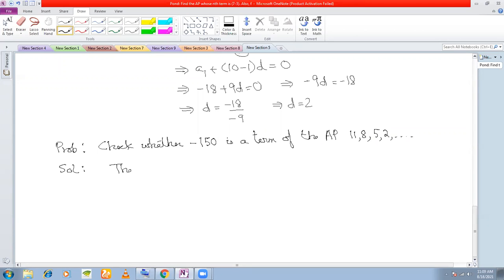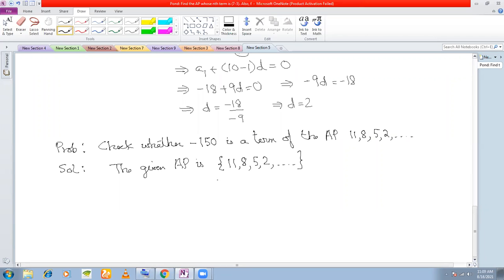So write by saying the given AP is 11, 8, 5, 2. Okay.